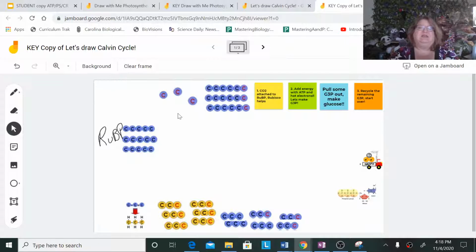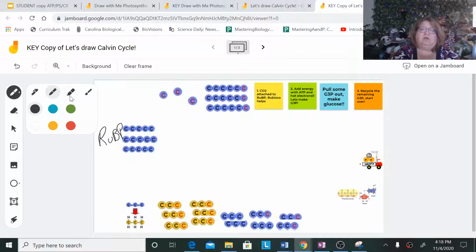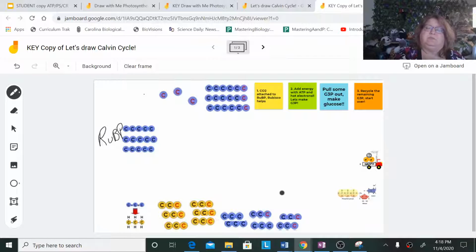It's going to add molecules to the plant, and the plant's going to actually be able to grow. Now, the way it's going to do that is to grab carbon dioxide from the air. What can be really annoying for students, and I get it, in order to keep diagrams from getting too cluttered, they simplify, and sometimes they simplify too much.